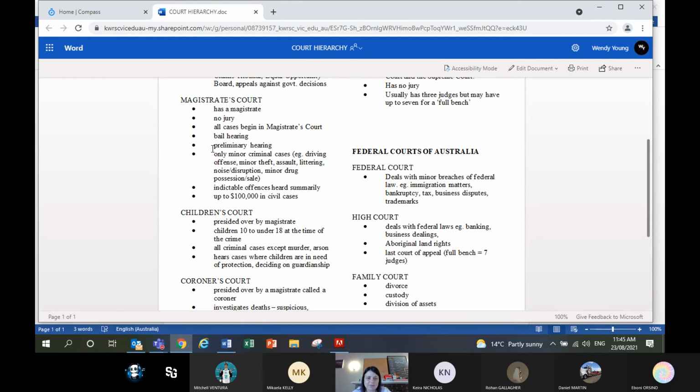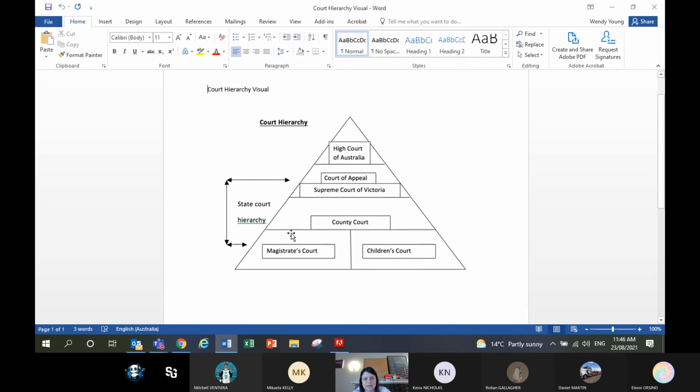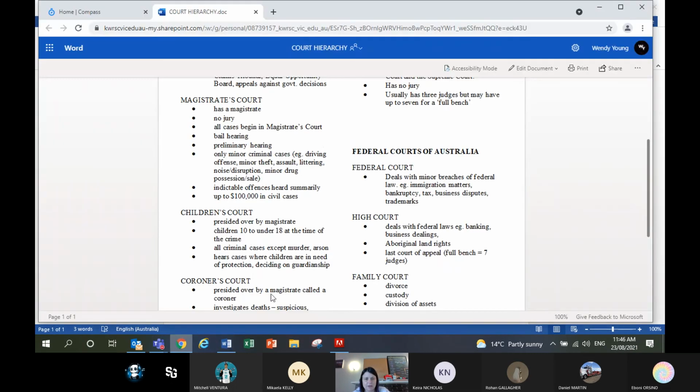So if somebody has something like a driving offence or a minor theft or assault or littering, noise, disruption, minor drug possession or sale. We're not talking about somebody in the Magistrates Court, for instance, importing $1 million worth of cocaine from overseas. Minor possession, so they've got a small quantity of drugs found on them. And then up to $100,000 worth in civil cases.